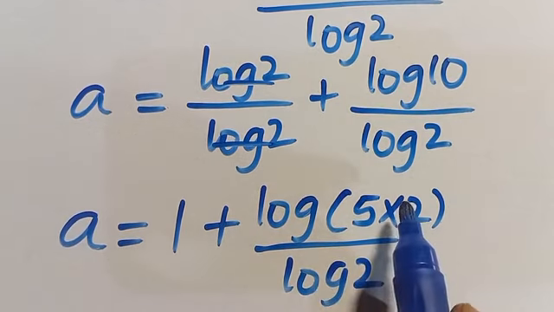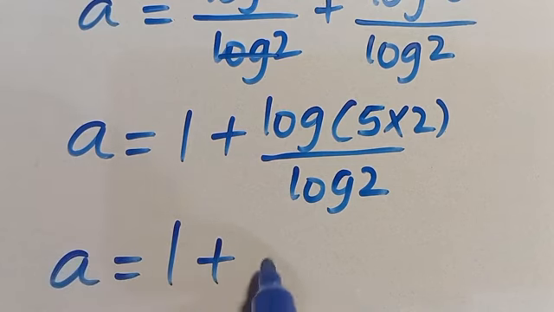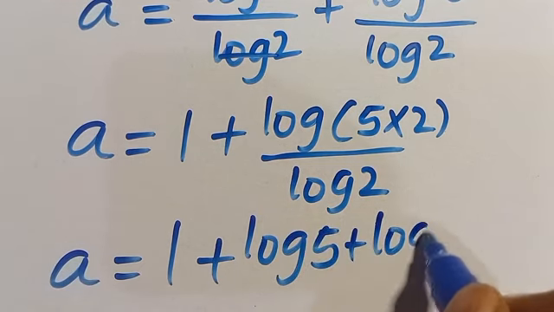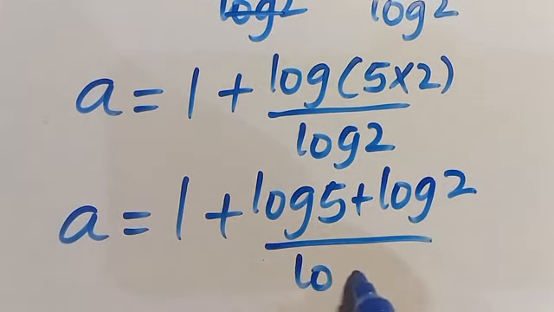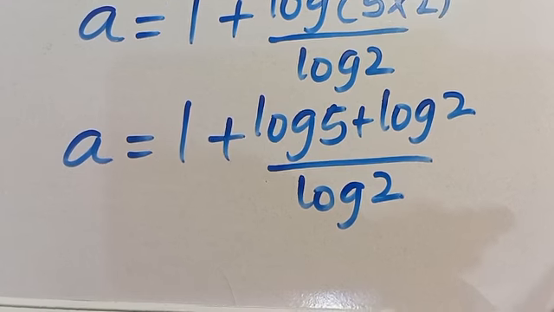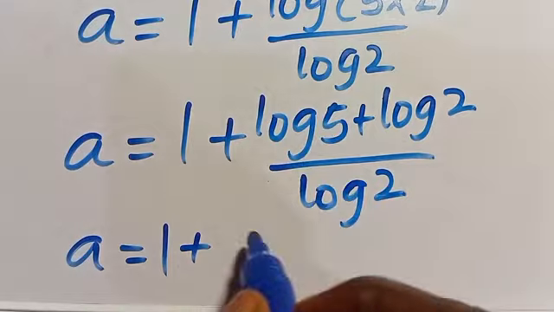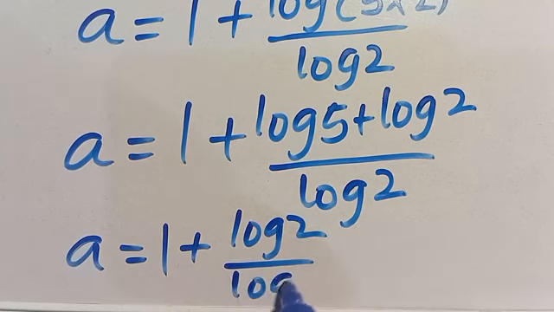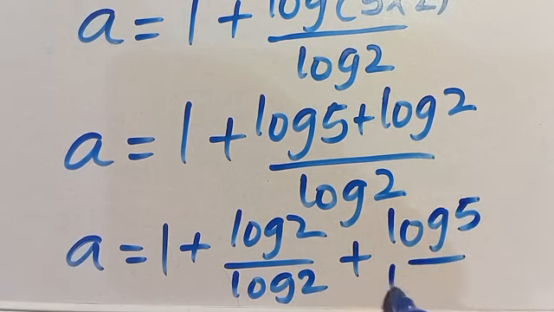Applying this law, the previous one, we can also have this as a equals 1 plus log 5 plus log 2 divided by log 2. So from here we can have a equals 1, let's write this first, log 2 divided by log 2 plus log 5 divided by log 2.